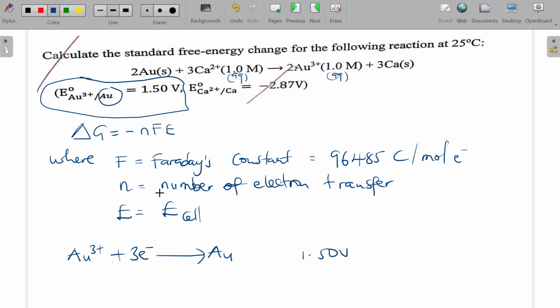Again, they're telling us that this is calcium 2 plus, the one they started with. It is becoming calcium, and the E value is negative 2.87 V, like this.